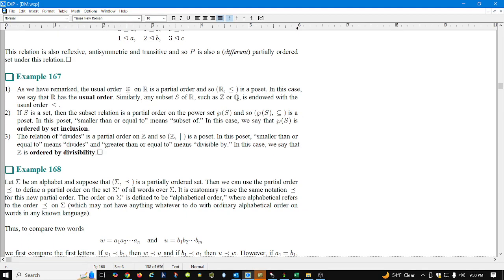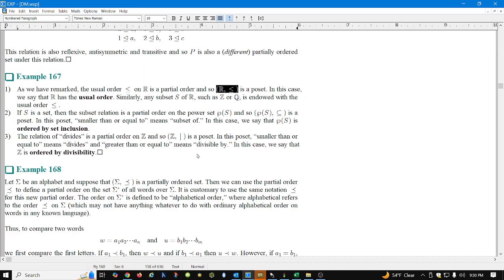So the usual order on R, as we've discussed, is a partial order, and so this ordered pair is a poset, or you could say R is a poset under the usual order.